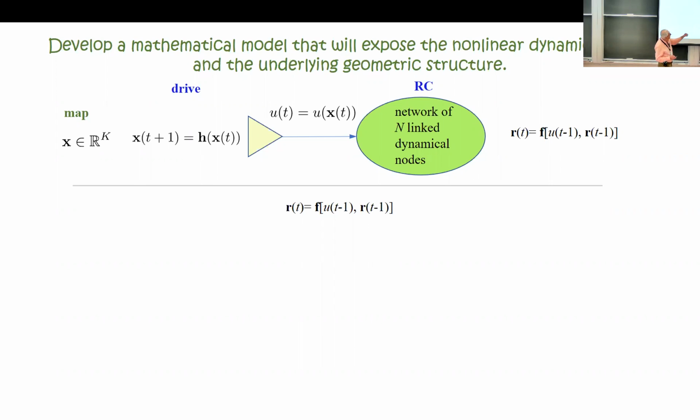And then we get an output, and the output is functionally related to its iterated function, which has the input from itself and the input from what you're driving it with. So R at t in the next time step is related to the previous time step along with the driving.